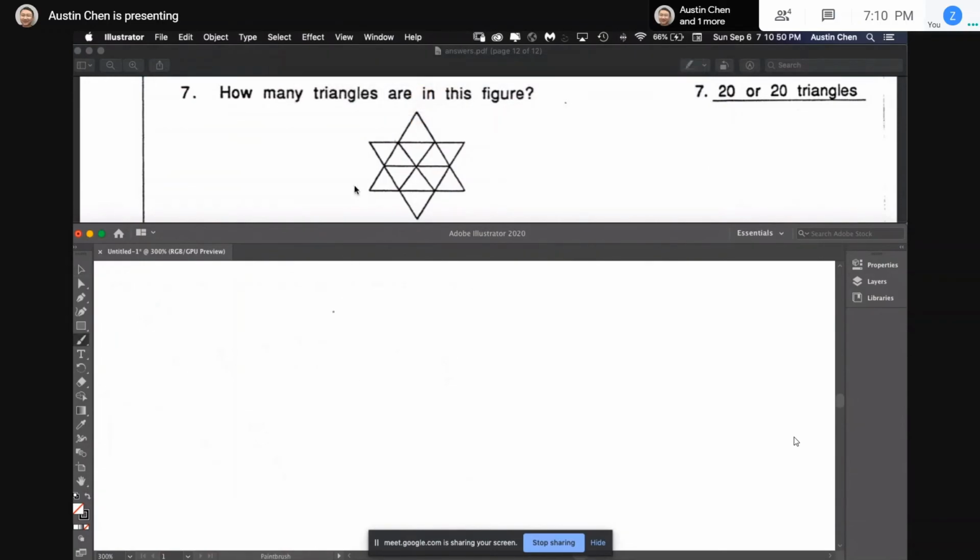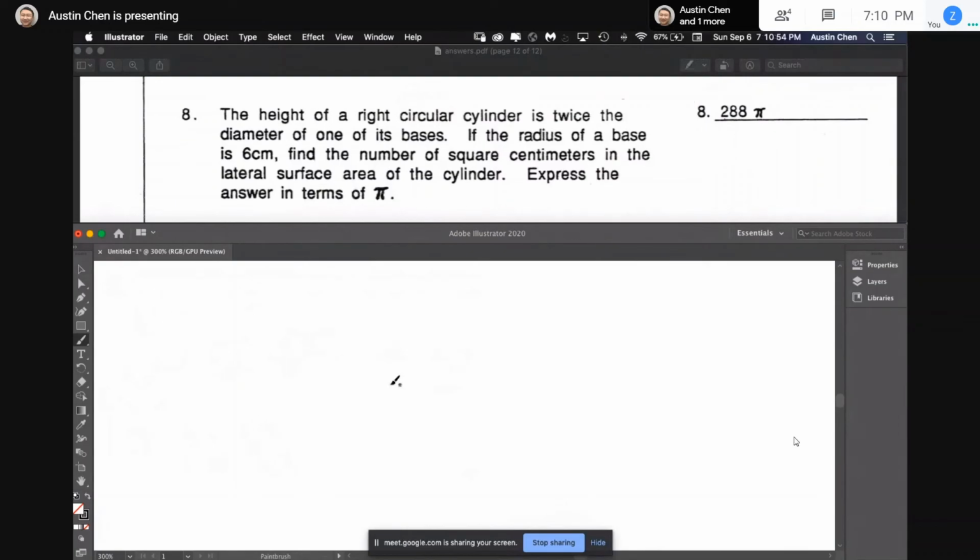The height of a right circular cylinder is twice the diameter of its base. So we have a right circular cylinder, and a cylinder is just like this. Bill, the right part is just saying that it is upright.